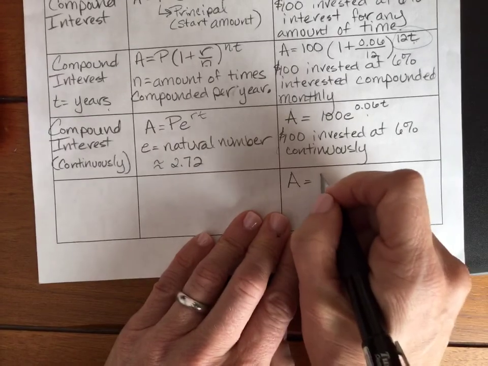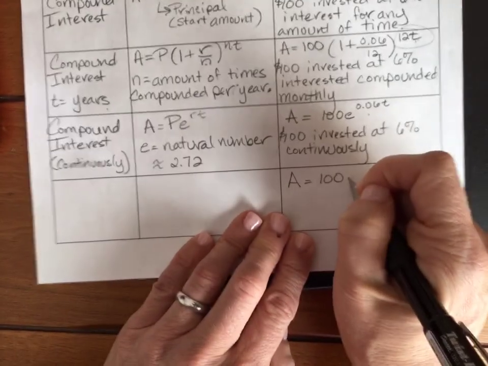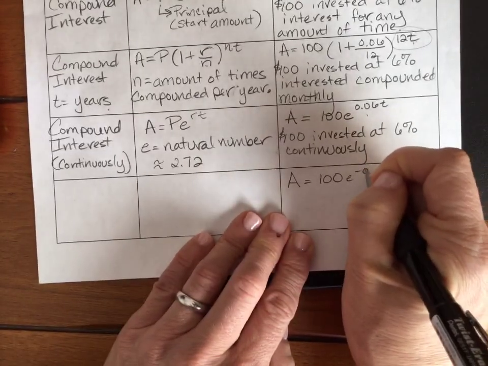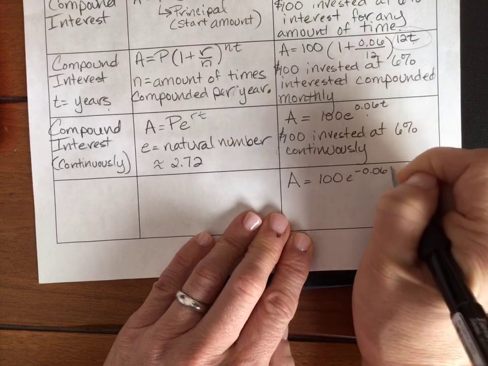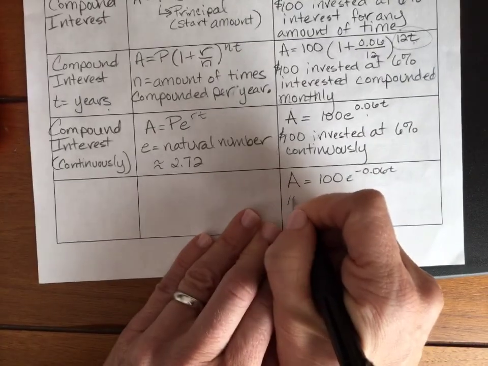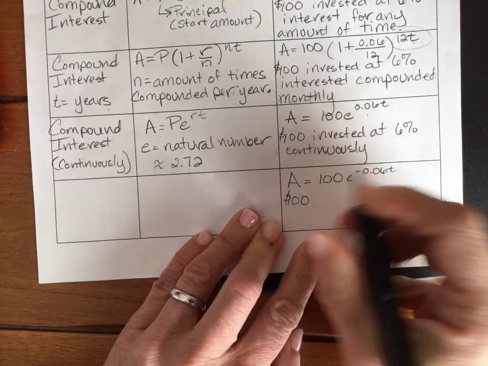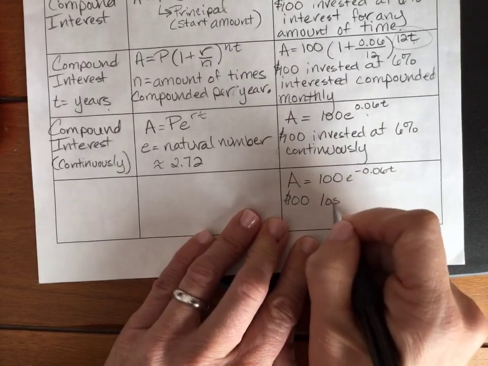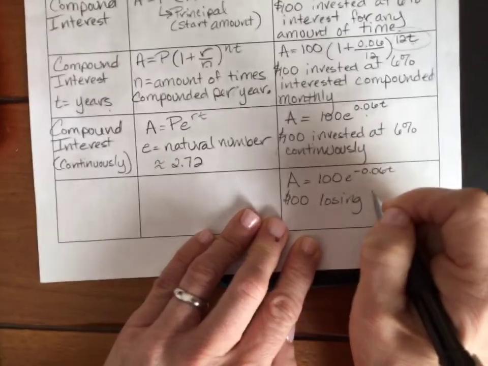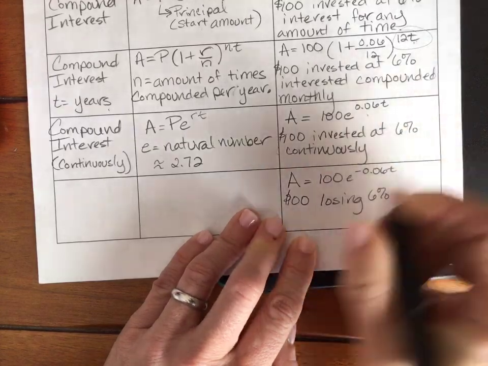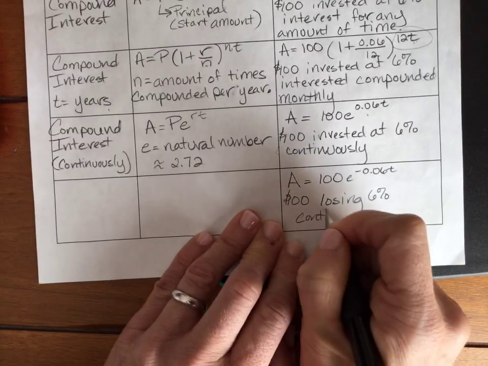So if I had this equation, 100 e to the negative 0.06 t, this is $100 that's losing 6% continuously.